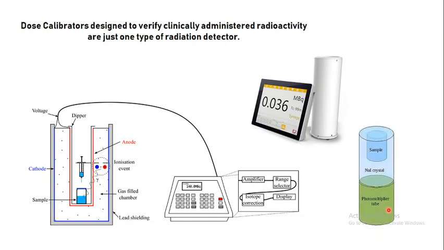This is another well counter, which does not use a gas-filled tube but a sodium iodide crystal. This is a semiconductor dose calibrator whose shape is just like that of the gas-filled dose calibrator, but instead of the gas filling there is a sodium iodide crystal.